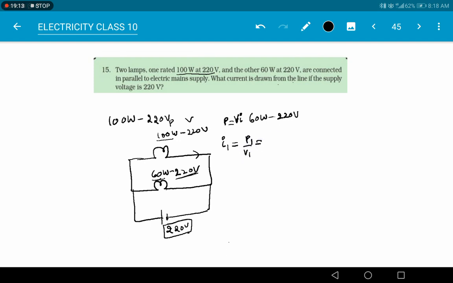So P1 by V1, 100 by 220, 2.2 ampere. And then in this branch, I2 is P2 by V2, 60 by 220. So 6, 3 is 18, 4 remains.